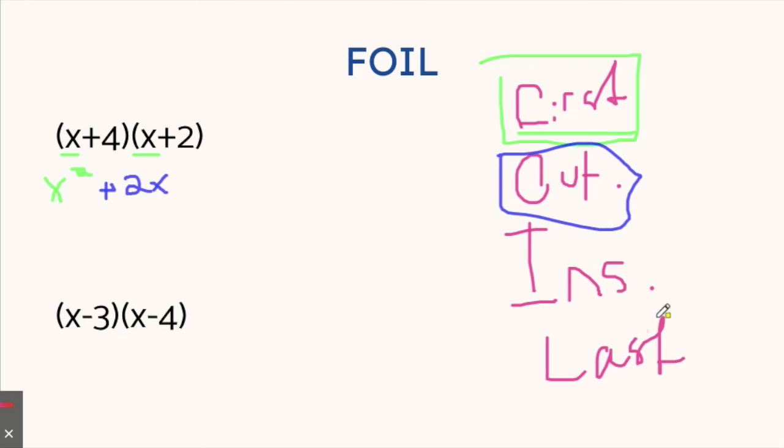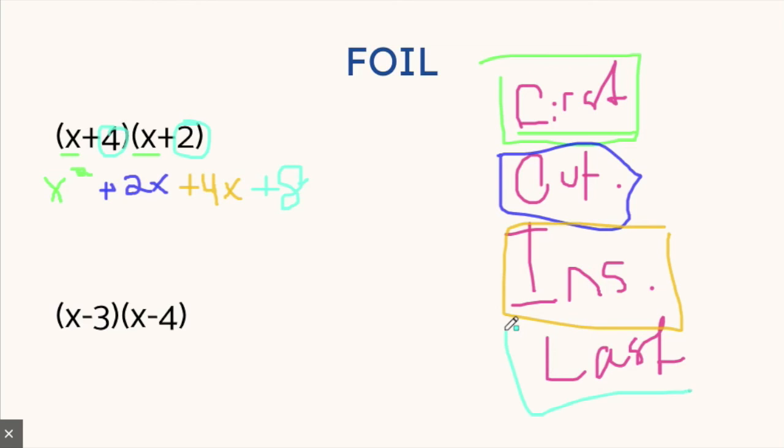When you multiply the inside terms 4 and x, you get 4x. And lastly, the last terms are 4 and 2. So 4 times 2 gives us 8. And that's the last. So when you FOIL this expression, you get this answer.